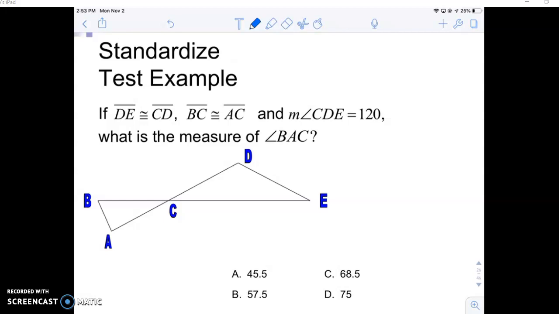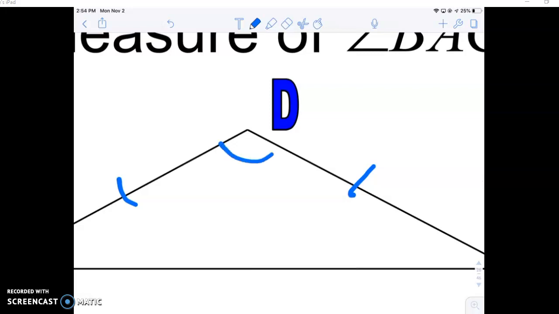It tells us that DE and CD are congruent. I'm going to mark that out, it's always a good idea. It also tells us BC and AC are congruent. I'm going to write 2 there. We're given that angle CDE is 120.